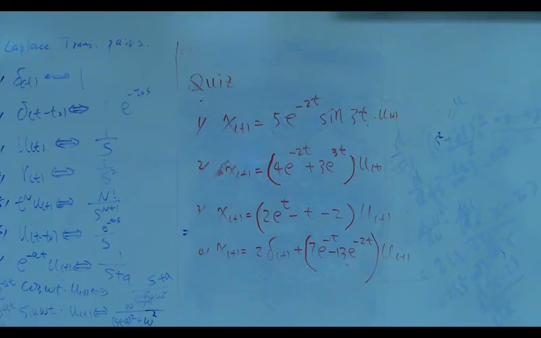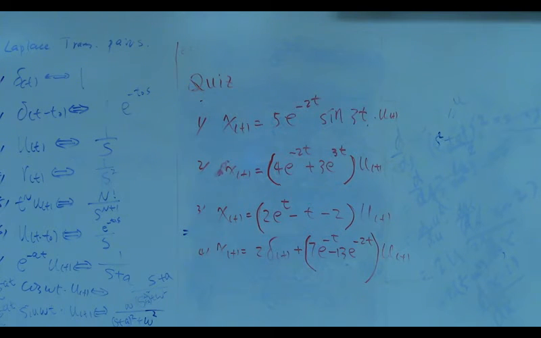So for this one, would you do the same? You have this term and this term. You can't just multiply one by one. The first term is 4 e to the negative 2t, right? You have to convolute it in the time domain. We don't convolute in the Laplace domain anymore.